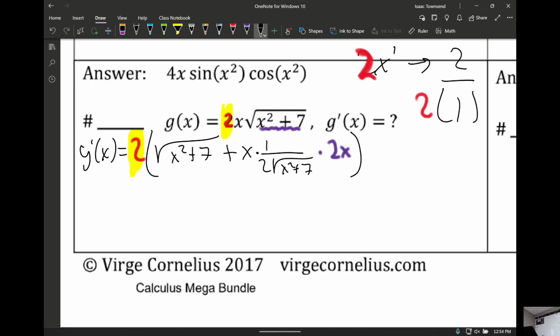And that has an inside of x squared, so the chain rule is 2x. Write this as cosine over sine times 1 over sine. Split it up.